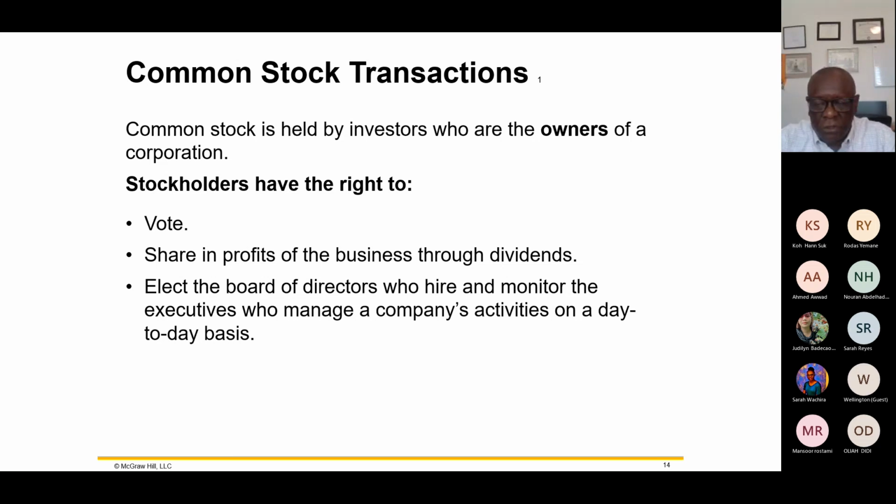They will calculate that. That is what they're going to distribute to all stockholders.